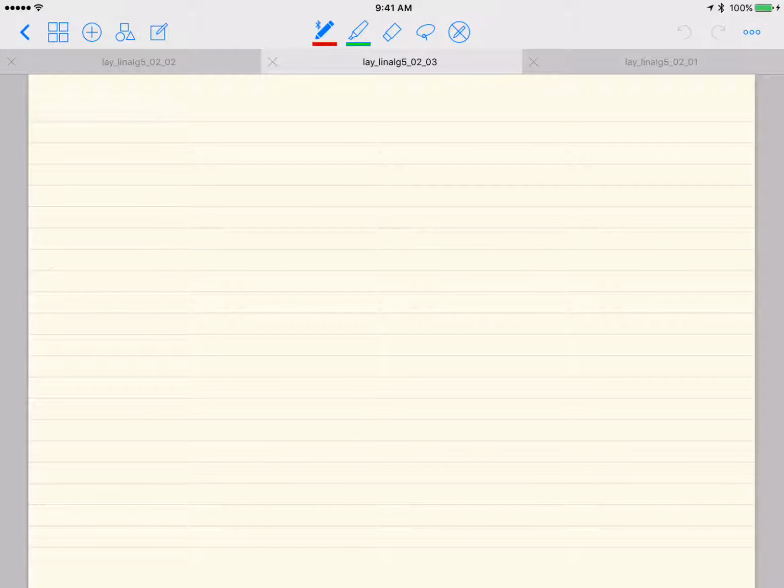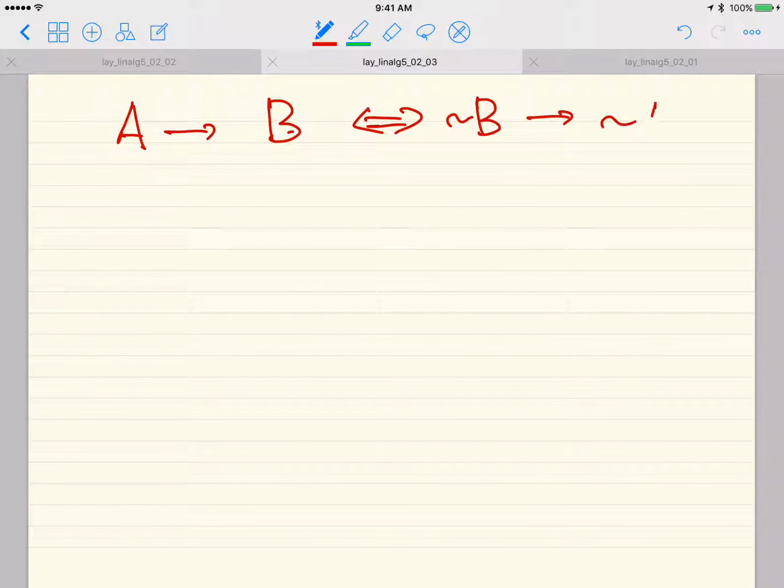If you study the logic or the proof based on this logic, if you know A implies B, then this is logically equivalent to not B implies not A, right? That is the same thing, right?